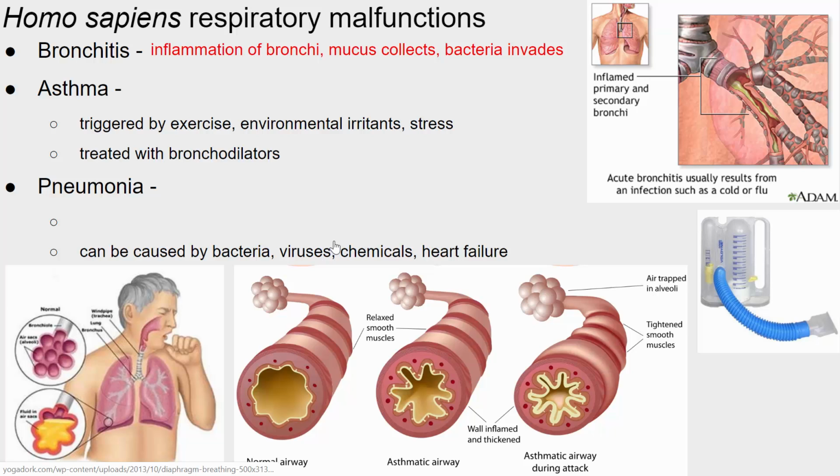Bronchitis is a malfunction, a disease in which our bronchi, those two branches of the trachea as it gets into our chest, become infected or inflamed. Okay, mucus can start to collect there. Bacterial infections can cause damage, can cause mucus to build up and liquid fluid to be stored there, and it leads to difficulty in breathing and constant coughing and pain in the chest.